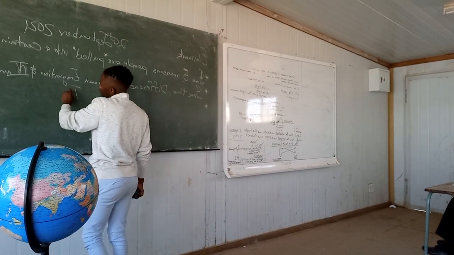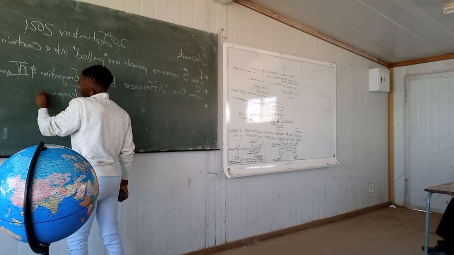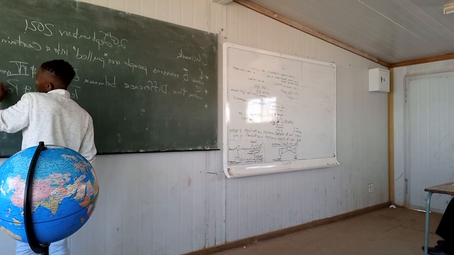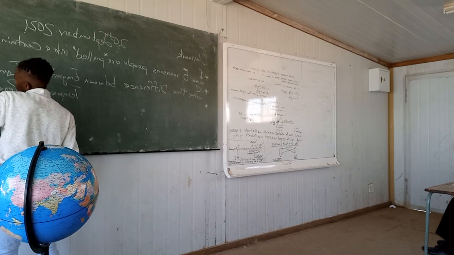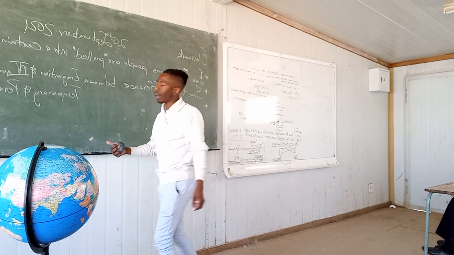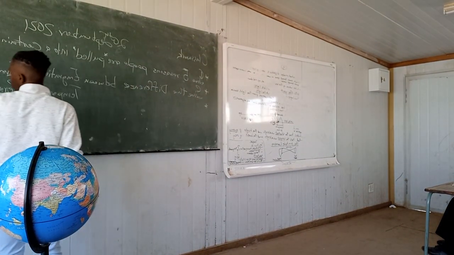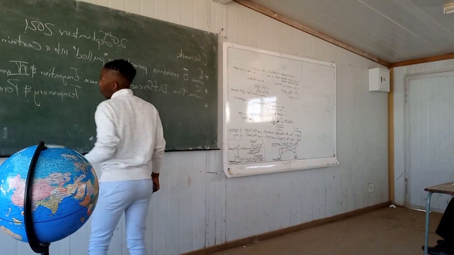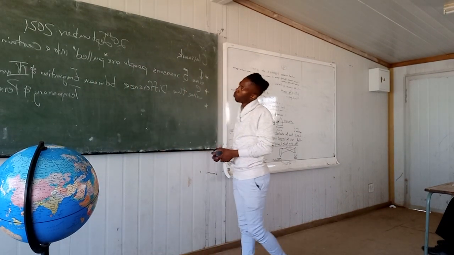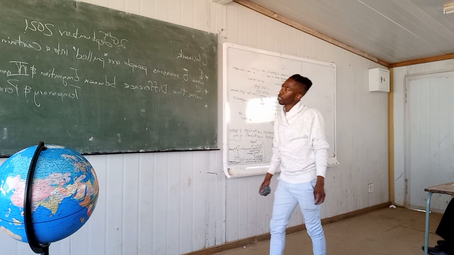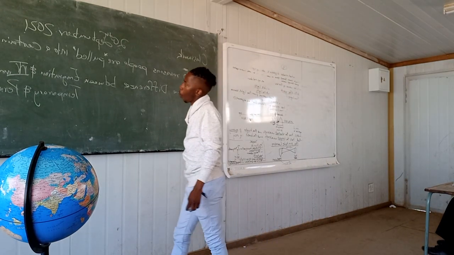temporary and permanent migration. And then another 4 marks. Let's see, 12, 17.